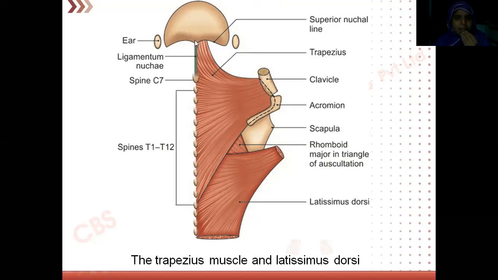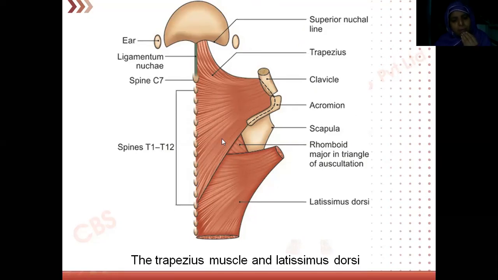This is the external occipital protuberance and this is the superior nuchal line. This is the medial 1/3 of the superior nuchal line, and this structure which is attached to the spines of the cervical vertebrae is called ligamentum nuchae. And then we have the spines of thoracic vertebrae.